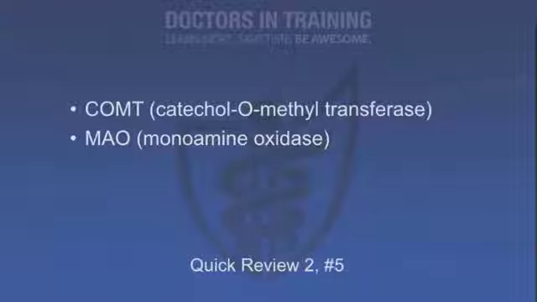What enzymes degrade the dopamine and norepinephrine that remain in the synaptic cleft? So first we have COMT, we just talked about those inhibitors, and then MAO. So those two are our primary enzymes that are breaking down dopamine and norepinephrine. You also see MAO intraneuronally as well, breaking things down.